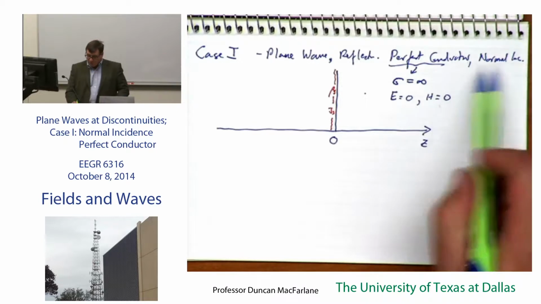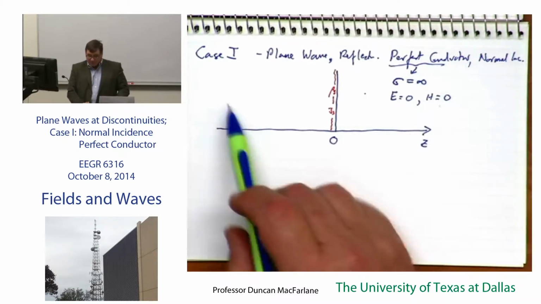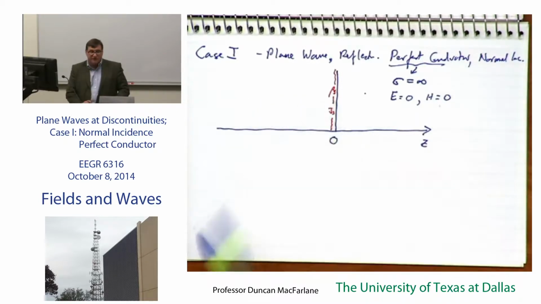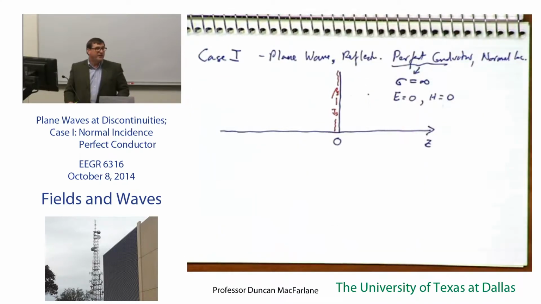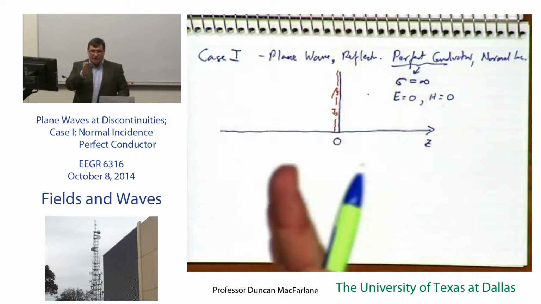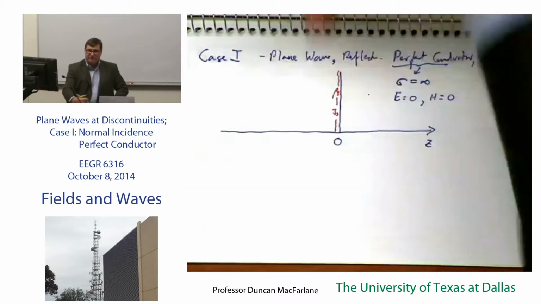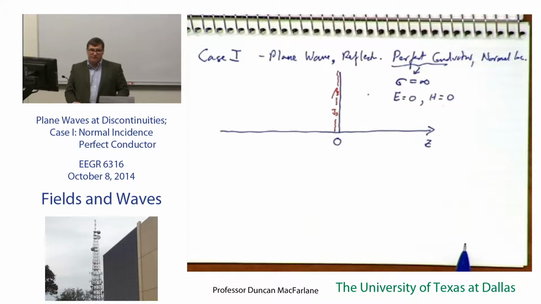Normal incidence means that the wave is propagating in the z direction, and the surface here is sitting in the xy plane. Okay, so it's coming out and it's going this way. So that's the boundary that we're going to be launching or throwing our plane wave against.